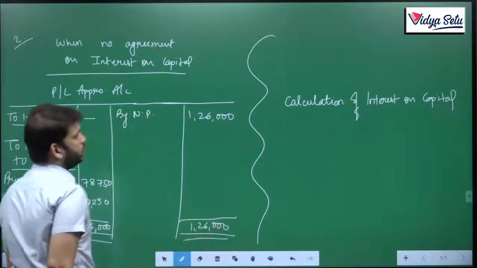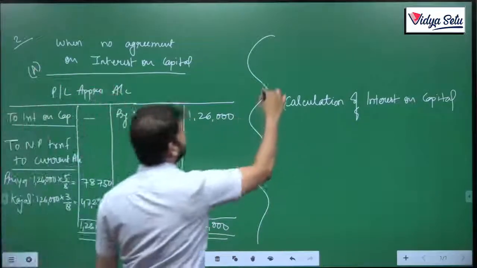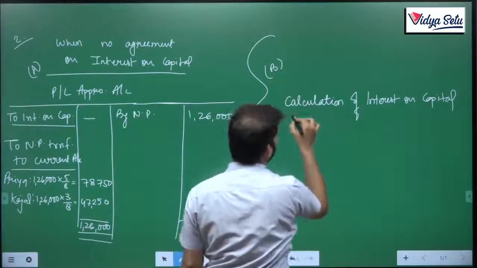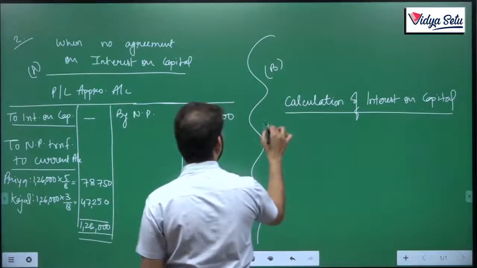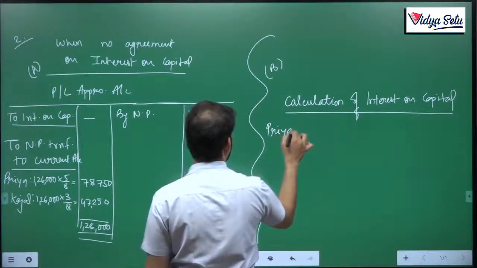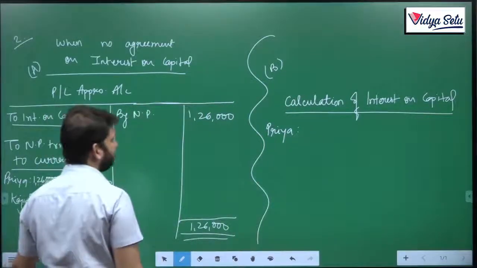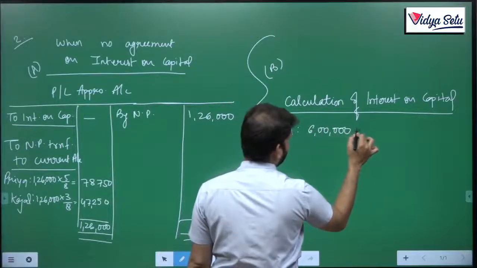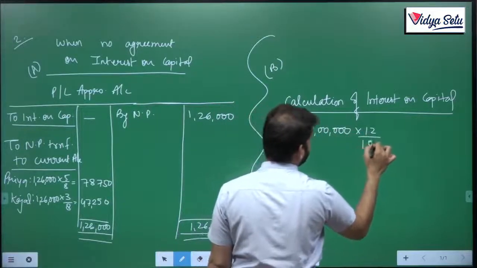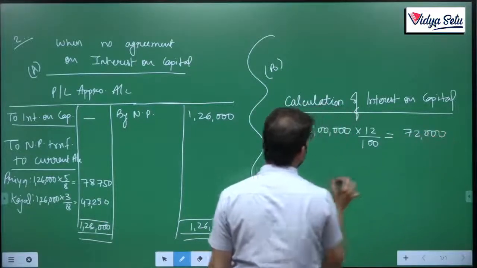This is the A part, this is the B part. In the B part, we need to calculate interest on capital. First for Priya. Okay, how much capital she had? 6 lakh capital she had. Multiply by 12%. So that comes to 72,000 for the entire year.